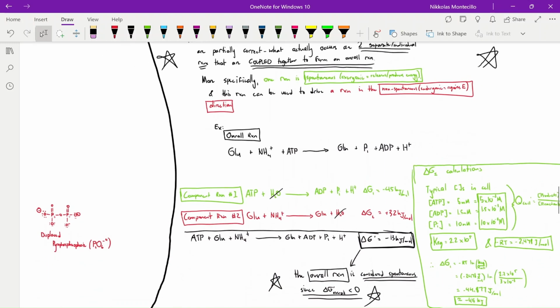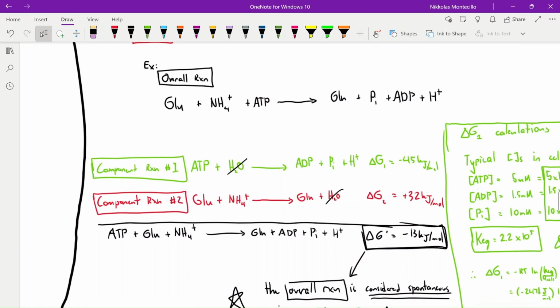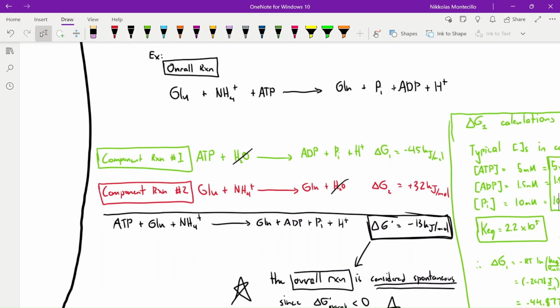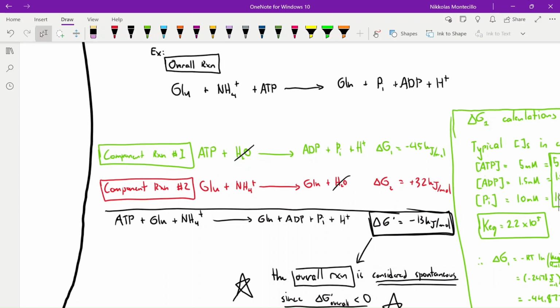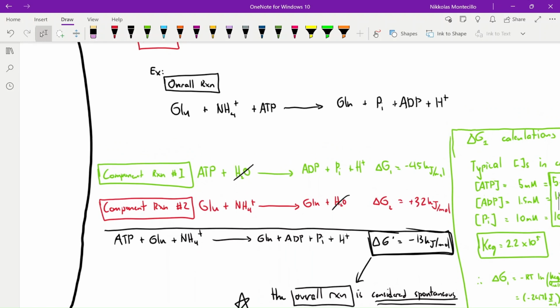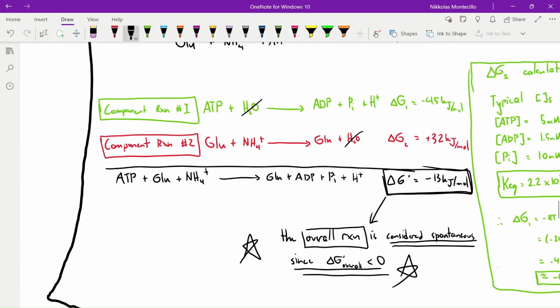So the first reaction was the hydrolysis of ATP. And then the main reaction that we choose to form was the reaction between glutamate and the ammonium ion to form glutamine and water. And this would be the overall reaction that's shown below here.